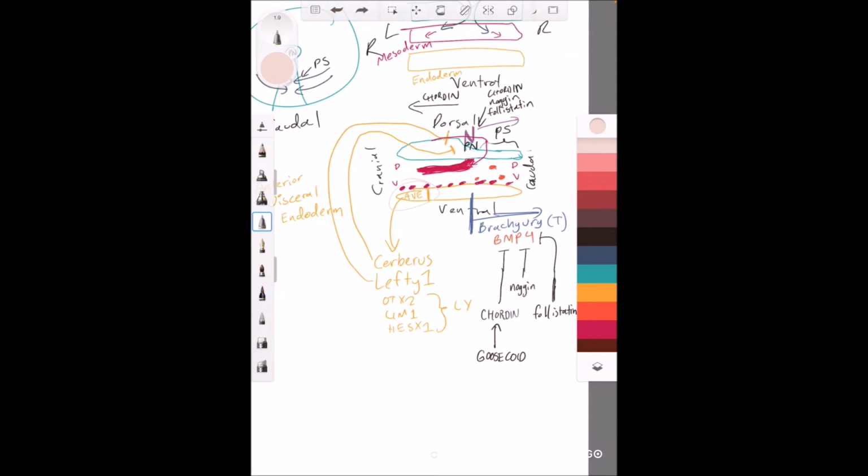So in order to make a head, you have to have Cerberus and lefty 1 working, and you also have to have goosecoid and this whole pathway working as well. And in order to make a tail, all we need is brachyury, as far as I can tell here. Nodal probably also plays some role, but yeah, there's that.